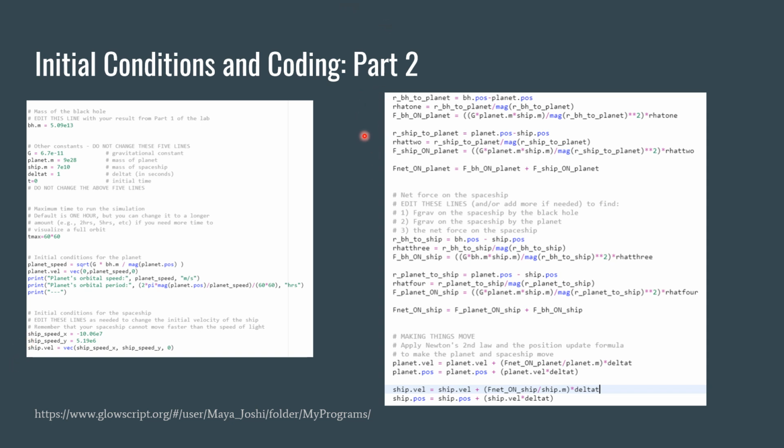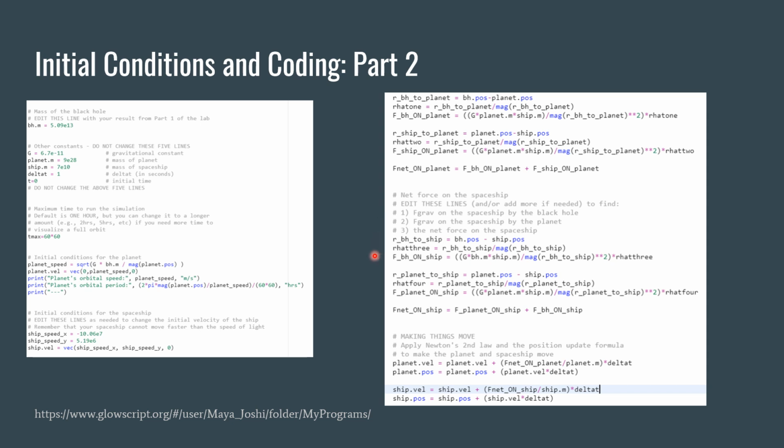So in these two parts, we're using the universal gravitational equation to find F net of the black hole and the ship on the planet. Then we are going to find the net force of the spaceship by also using the gravitational equation.